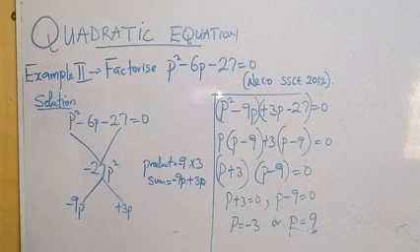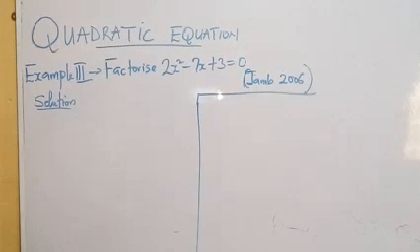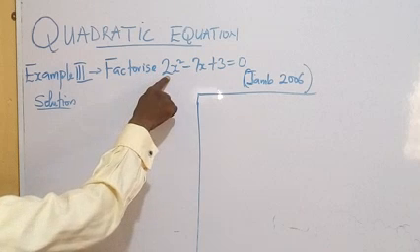Let's look at another example, example 3. Factorize 2x squared minus 7x plus 3 equals 0. The first thing you need to do in this situation: you can see that there's a coefficient of x squared.